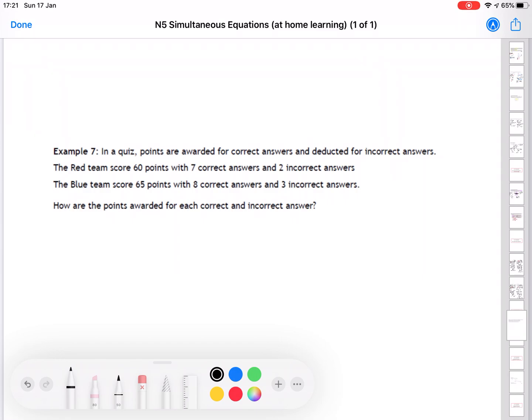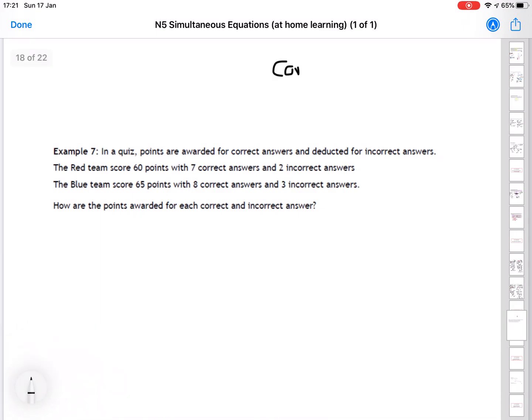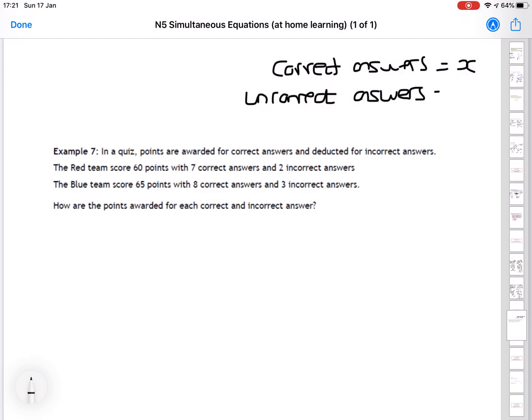So I'm just going to write up the top here, correct answers, I'm going to call them x, and incorrect answers, I'm going to call that y. Okay, remember you can use any letter you want, it doesn't matter.